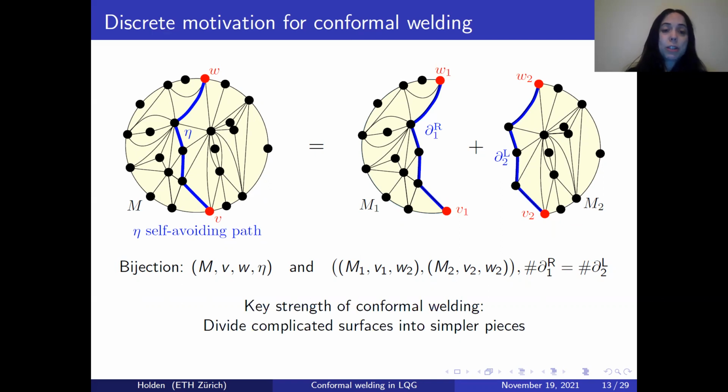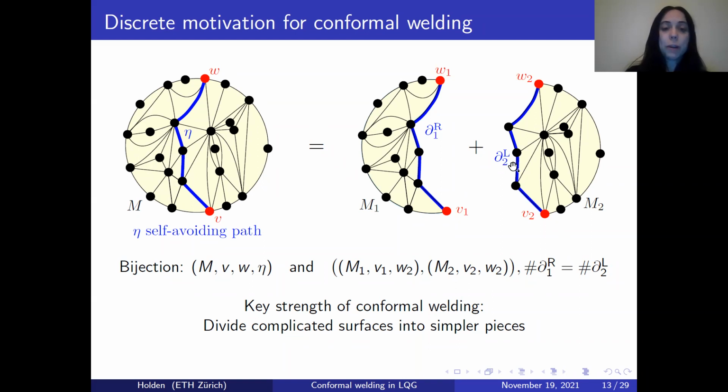So this projection is illustrating one key strength of conformal welding. The planar map that we're looking at in the left part of the figure is a rather complicated object because of the presence of this self-avoiding path. These 2 objects in the right part of the figure are in some sense much simpler objects. But because of this projection, if you want to study the object on the left side of the figure, then we can equivalently study the objects on the right side.